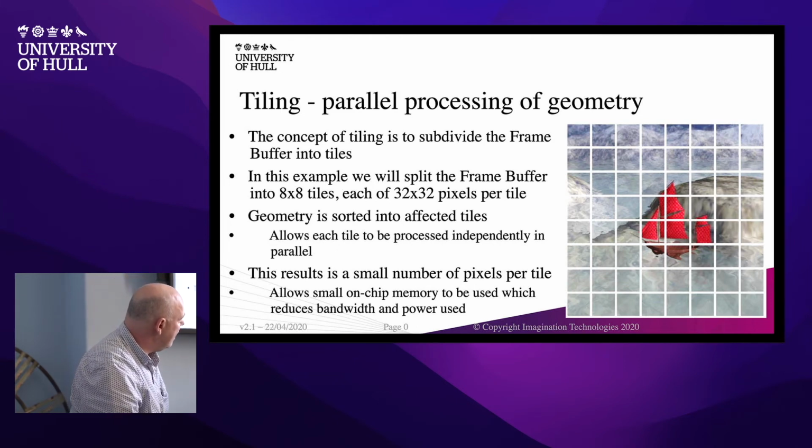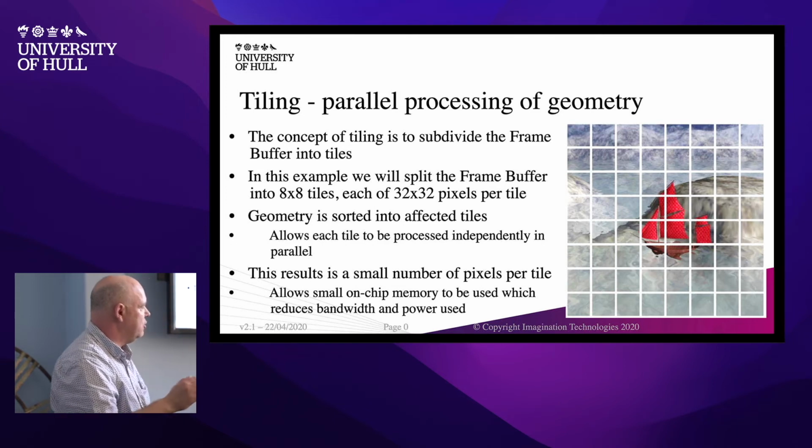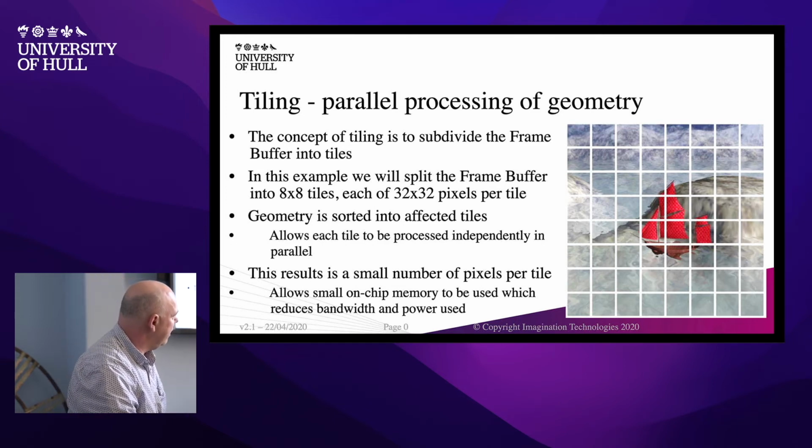These 4 tiles will have basically a reference, a pointer, to wherever that geometry is, but that's fine. It means that the other tiles don't have to care about it, and it means that these can be processed independently. We could process this one and then this and then that one and then that one and so on.